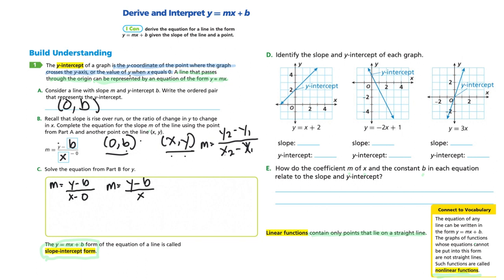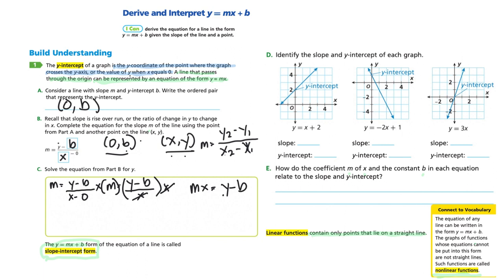So I want to get rid of this fraction. I'm going to multiply this by x, and then I'm also going to multiply this by x. So now this cancels this, and I have m times x equals y minus b. Hopefully you're with me so far.